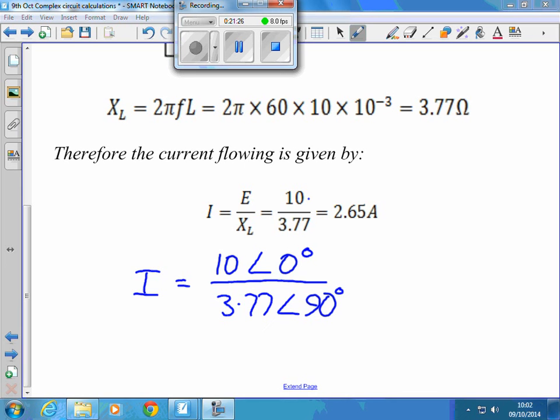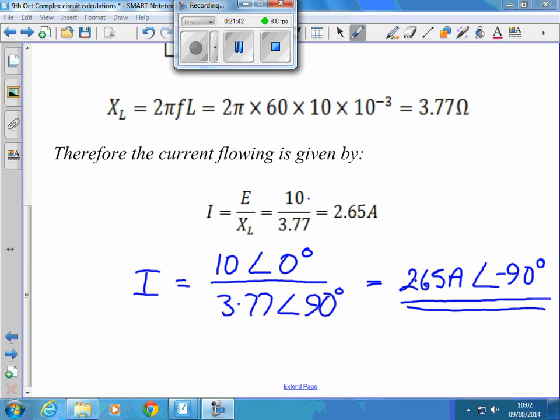Yeah, always. And we still get the 2.65 amps, but then we say that's got an angle of minus 90 degrees, and that fits in with our word CIVIL, because in an inductive circuit the current should be lagging the voltage.